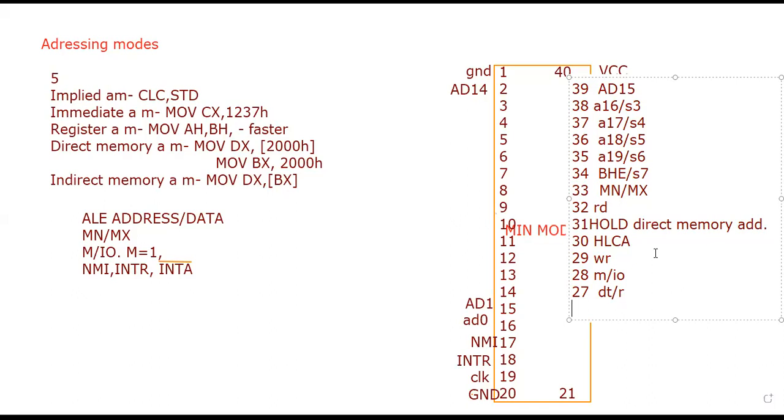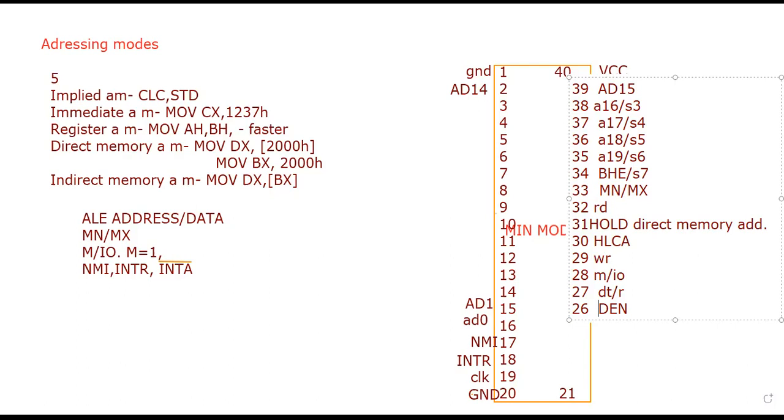Now at pin 26 we have DEN, data enable. So data enable means whenever the data operation goes on, this pin is activated.